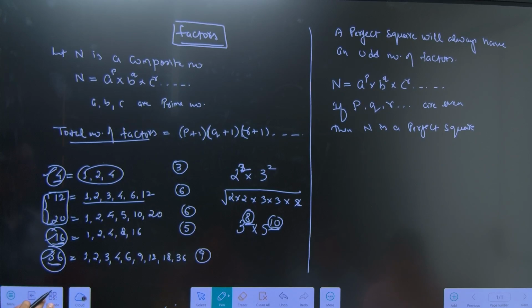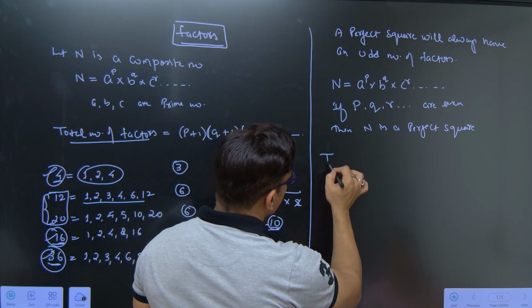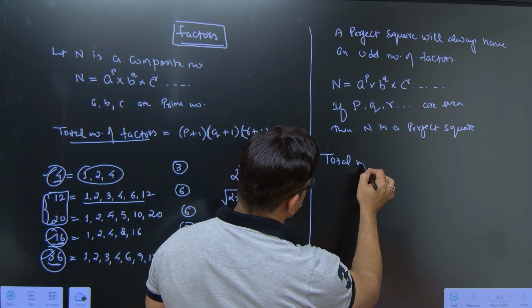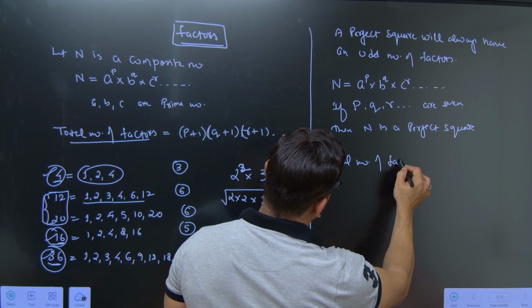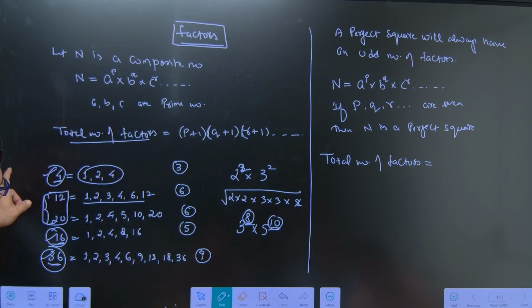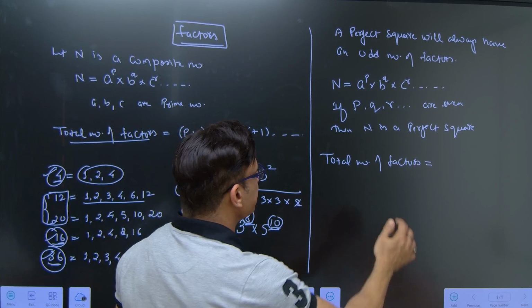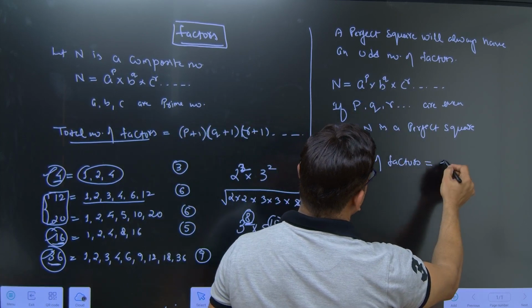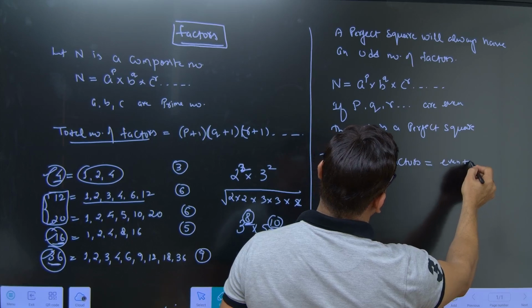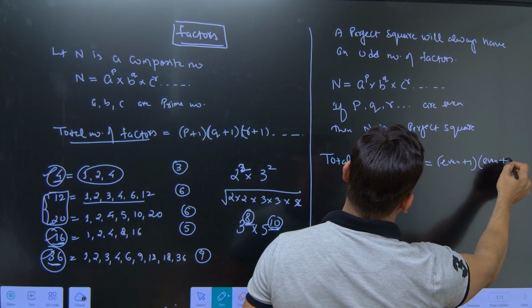If this N is a perfect square, then you find the total number of factors. How do you find the total number of factors? I give you the formula: take each power plus 1. Since this p is even, I'll take even plus 1. The second bracket is again even plus 1, and so on.